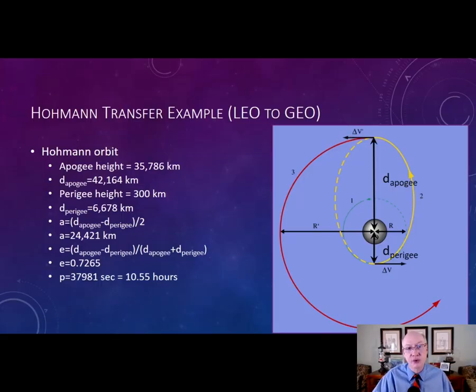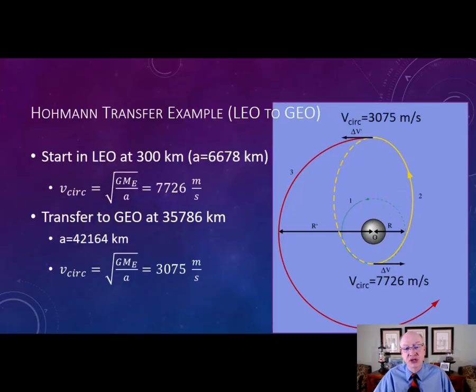So let's look very quickly at what my circular orbit velocity is down here and what my circular orbit velocity is up here. In my low orbit down here, which you'll remember was 300 kilometers above the surface, or 6,678 kilometers from the center of the Earth, we can use our circular orbit velocity equation to say that I'm traveling at 7,726 meters per second.